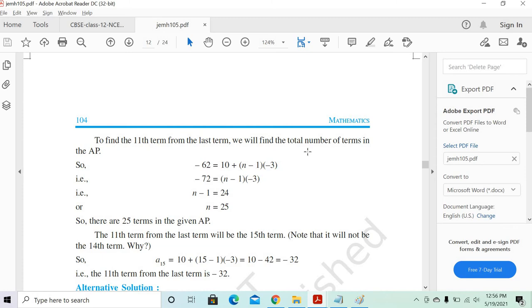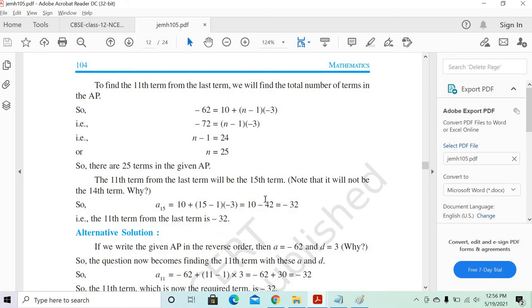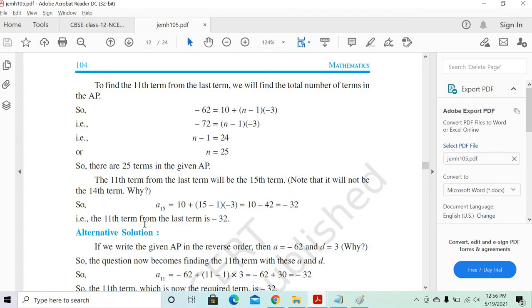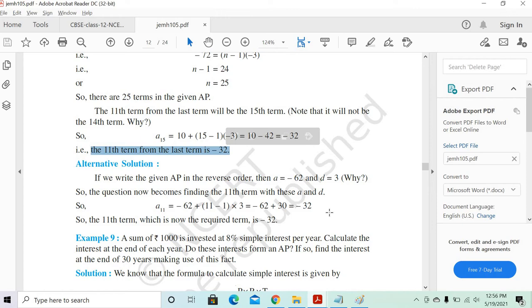The 11th term from the last term: we get n, the total number of terms, is 25, and then you find out. The 11th term from the last term is minus 32, no? The total number of terms is 25, but the 11th term is minus 32, right? Achha, n equal to 25.